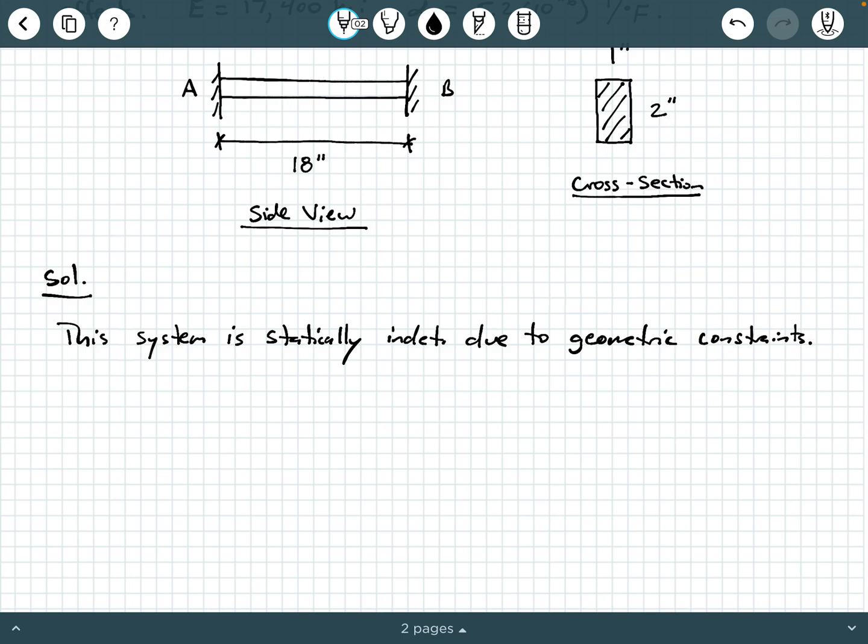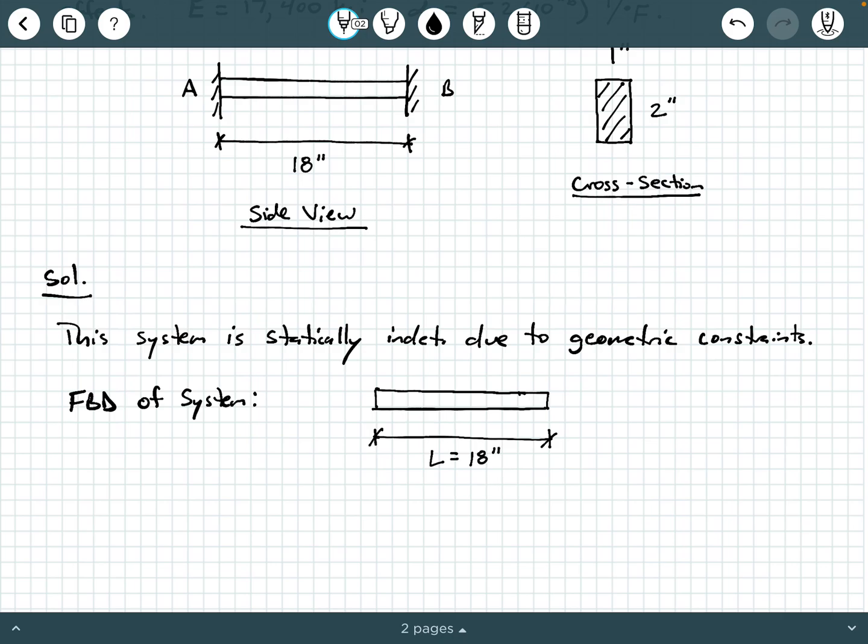So let's go ahead and, to help visualize that, we're going to draw a free body diagram of the system. So I'm going to write FBD of the system. And in this free body diagram, I'm going to go ahead and redraw the bar. And I'm going to draw the 18-inch length, so we can write L equals 18 inches.